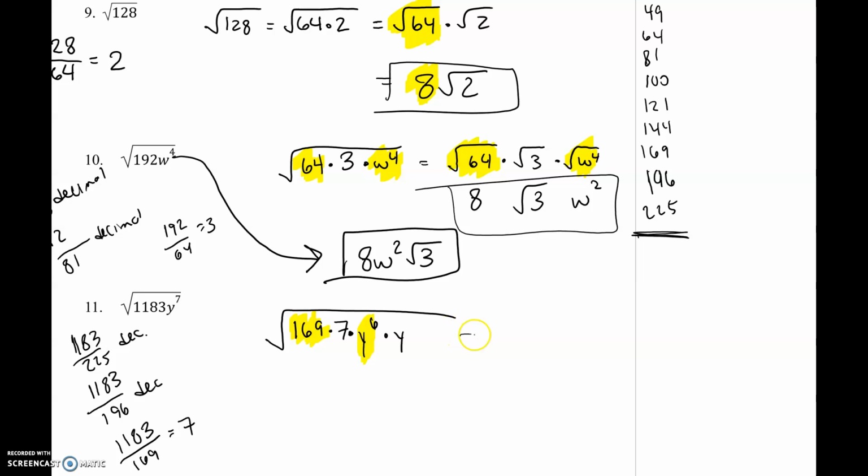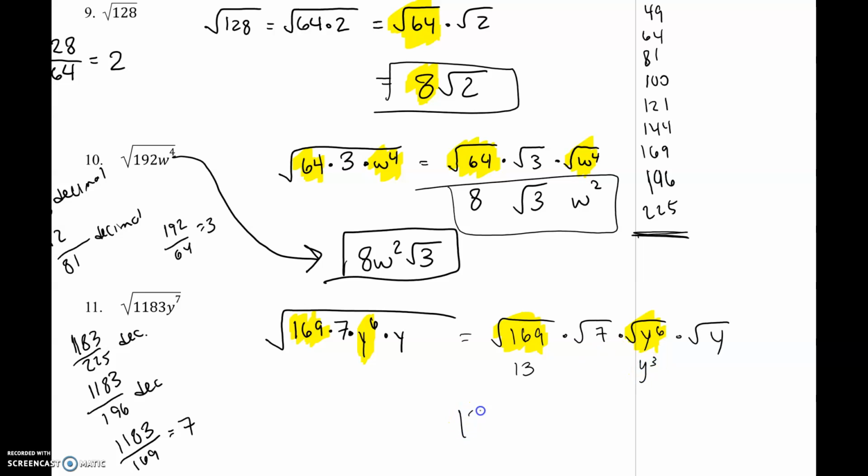So when we break this square root up into 4 pieces this time, square root of 169 times the square root of 7 times the square root of y to the 6th times the square root of y, we can simplify the 2 perfect square parts. And we're going to move those out to the front. What's the square root of 169? It's 13. What's the square root of y to the 6th? Well, we divide the exponent by 2, we get y to the 3rd.